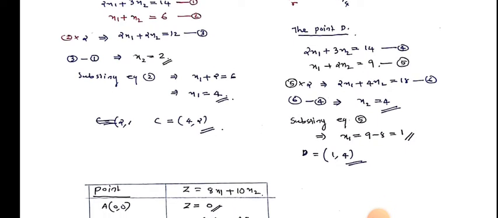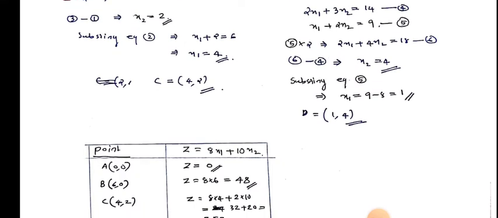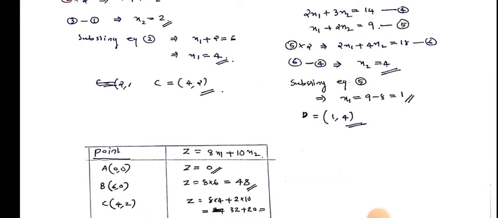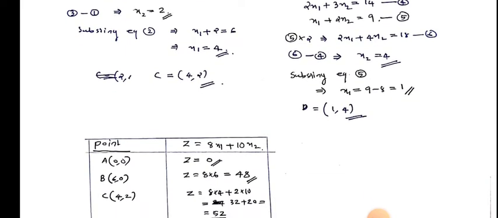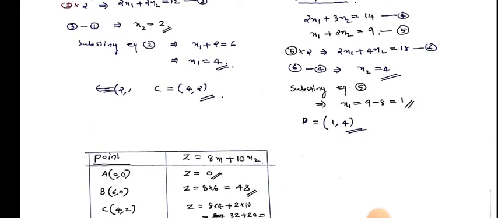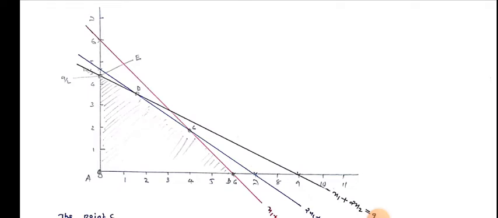Subtract, equation 6 minus 4, then we get x2 equal to 4. Substituting 4 in equation 5, we get x1 equal to 9 minus 8, that is 1. Therefore, the point D is 1, 4. Therefore, all the points are identified.